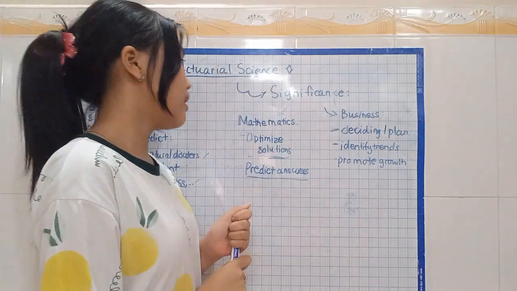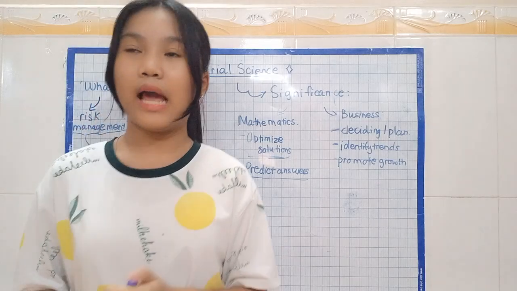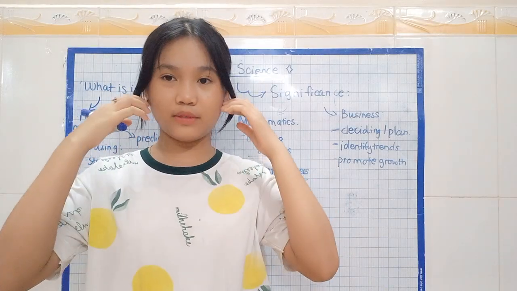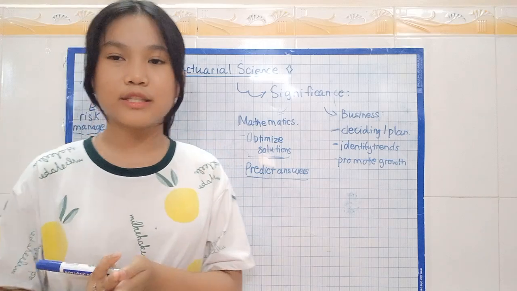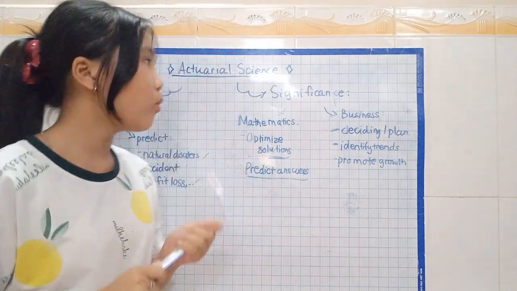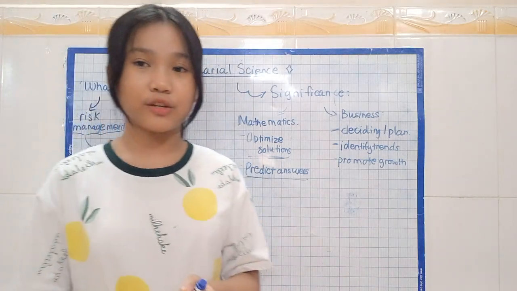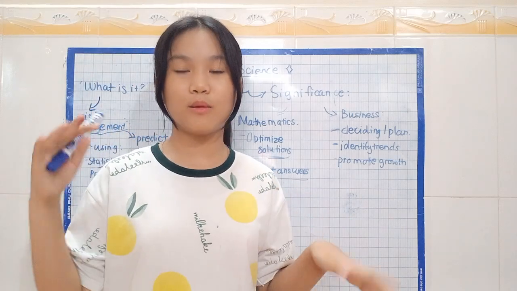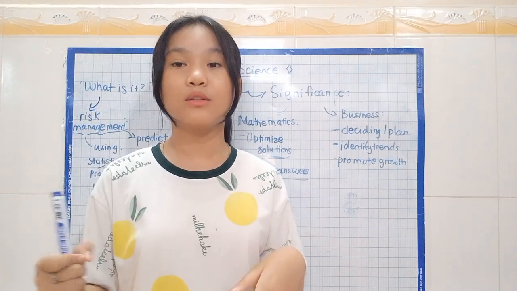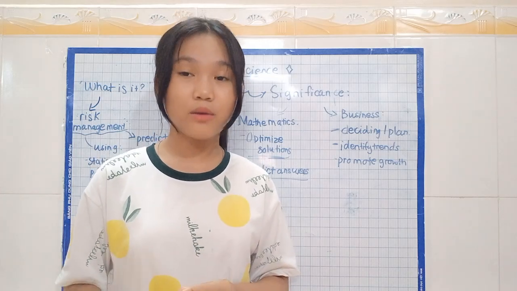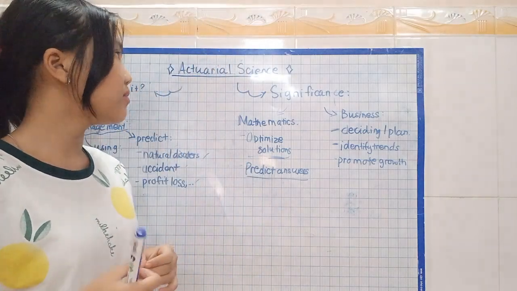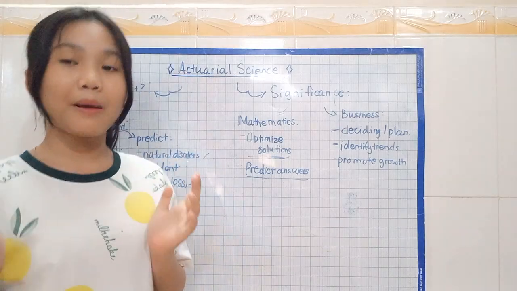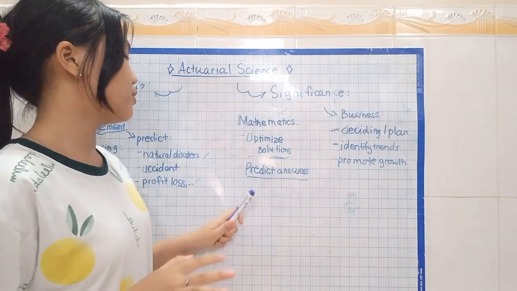Maybe in a function in calculus or algebra, we can use actuarial skills to predict the maximum value or the minimum value, so that we can make sure every aspect of our work is correct, and so we can optimize the solution. Also, we can use it to predict answers.